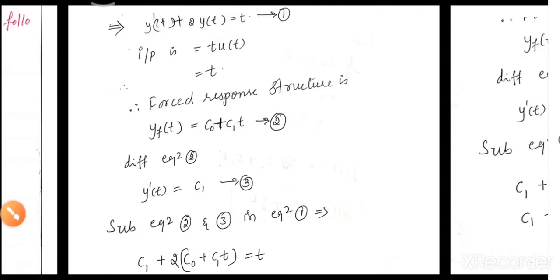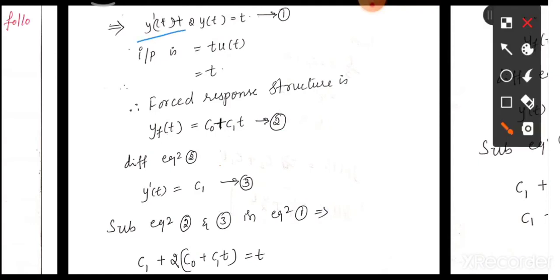What we get here is y dash, which is nothing but c1, plus 2 into y of t, that is your c naught plus c1 into t, which is equal to t as it is.